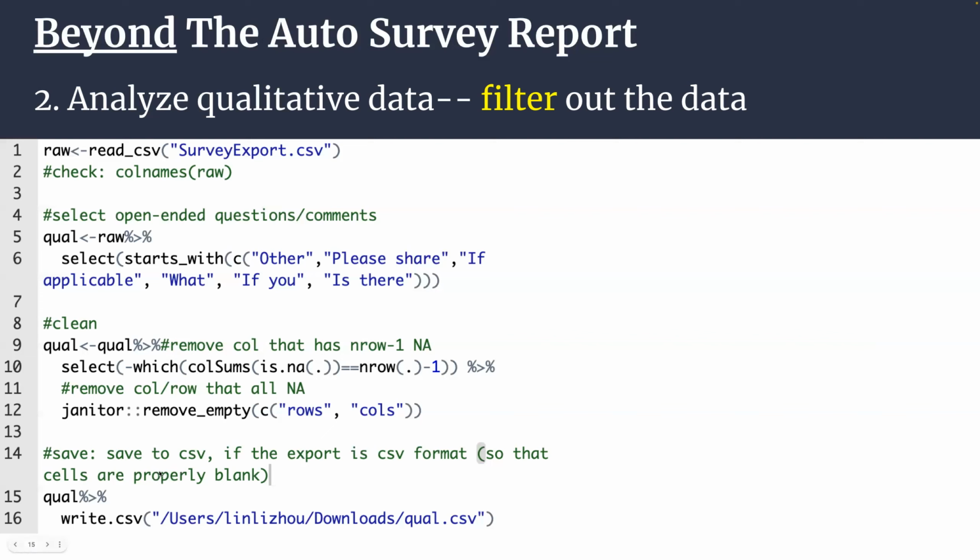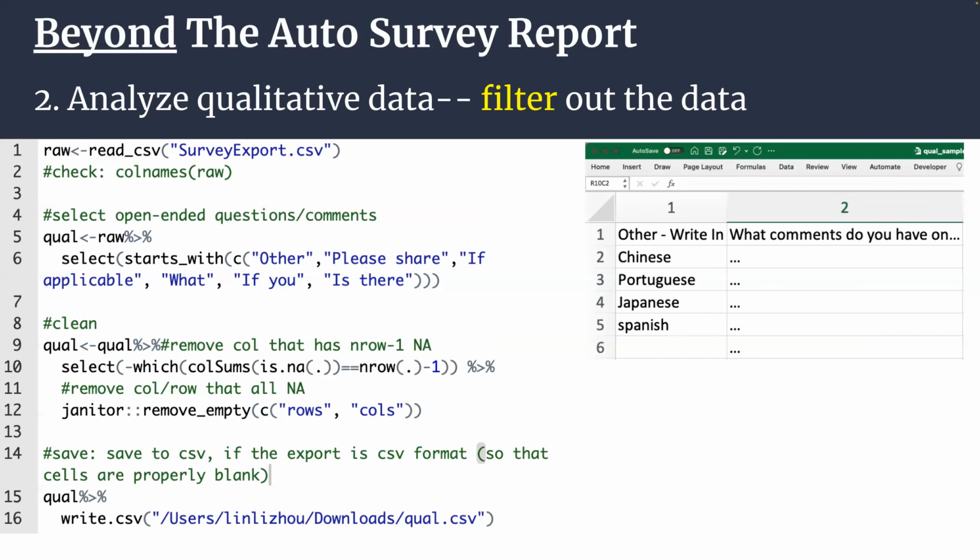We want to save it as an Excel or CSV so that we can open it and look at it the traditional way in Excel. So on this slide we've covered a systematic approach to filter and clean qualitative data from the raw survey data set.